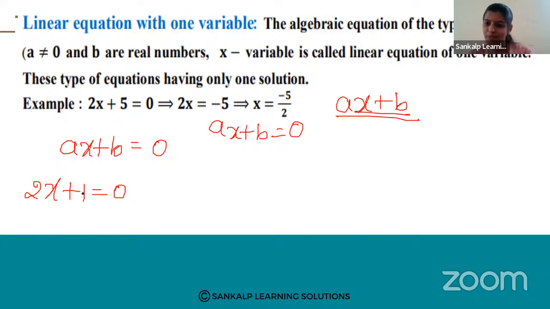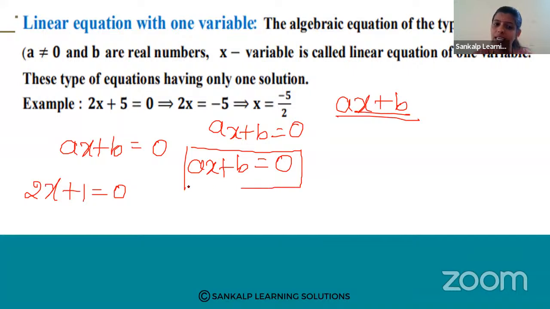So what is the difference between polynomial and equation? In case of polynomial, we do not use the equal to sign. But here, we are using the equal to sign, right? So ax plus b equal to 0 is the general form of linear equation.